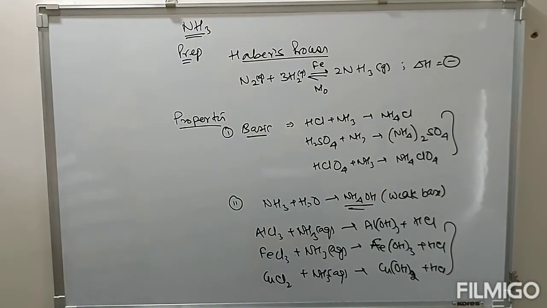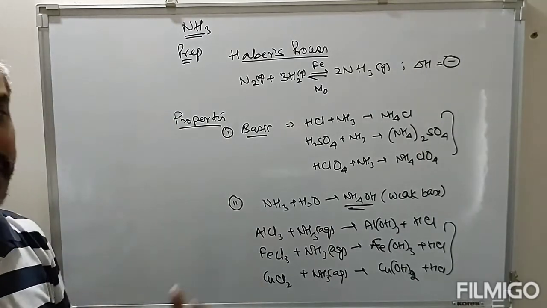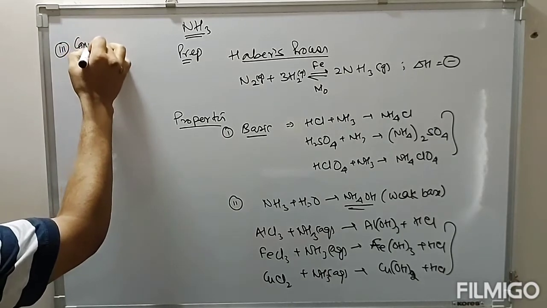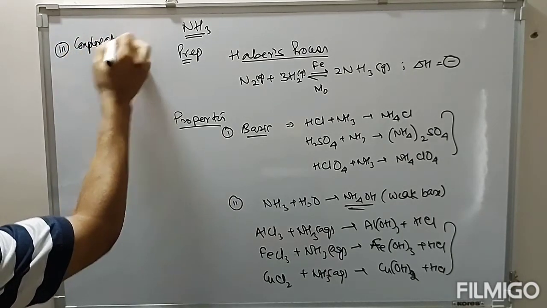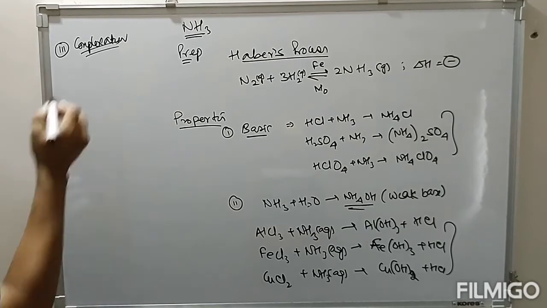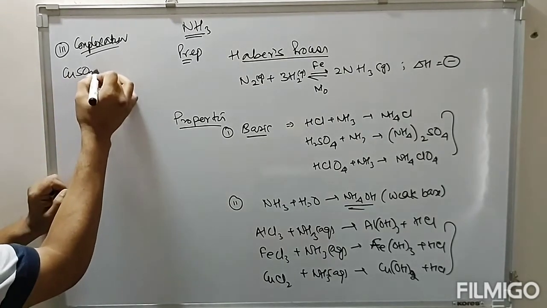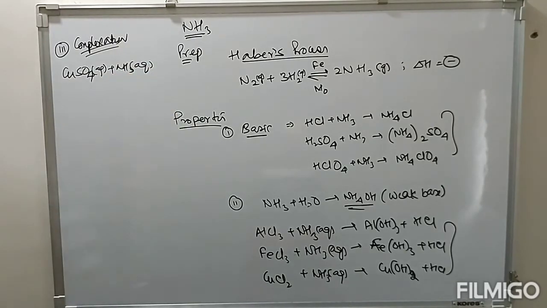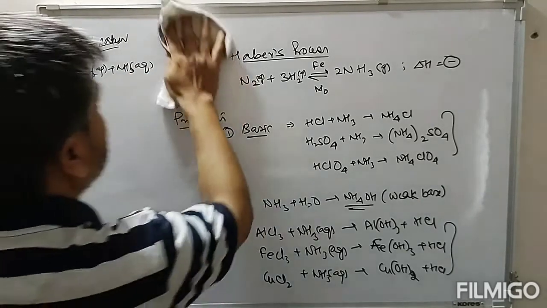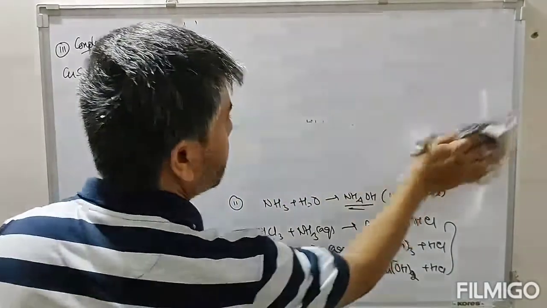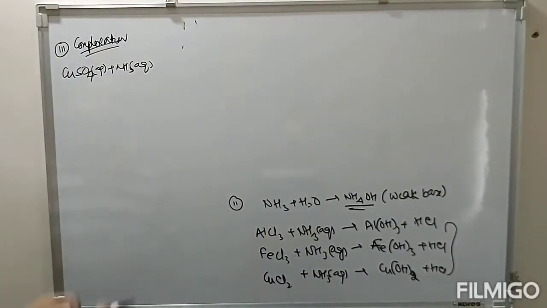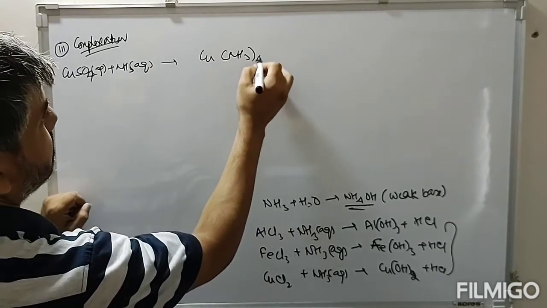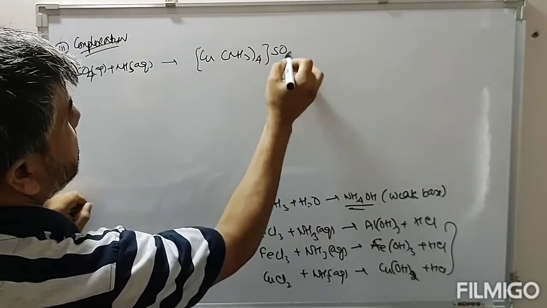Along with this, ammonia is also involved in complexation reactions. Copper sulfate aqueous plus aqueous ammonia gives tetraamminecopper(II) sulfate, so we have this complex.